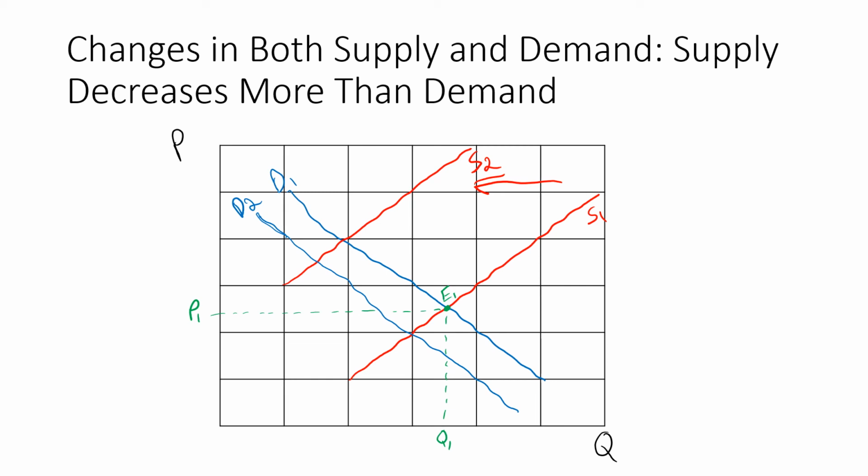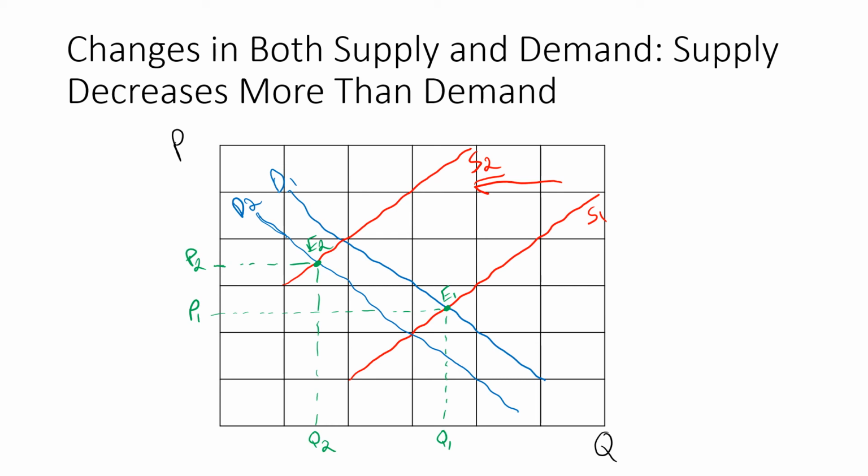So we look for where demand 2 and supply 2 intersect, and that's going to be right here. So this is now our new E2. Go ahead and indicate where our new quantity is, quantity 2, and our new price, P2.